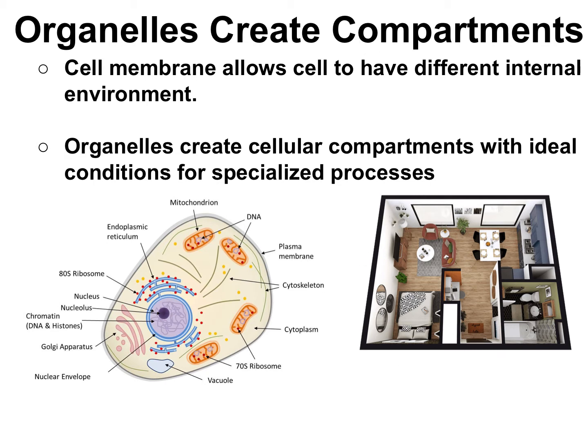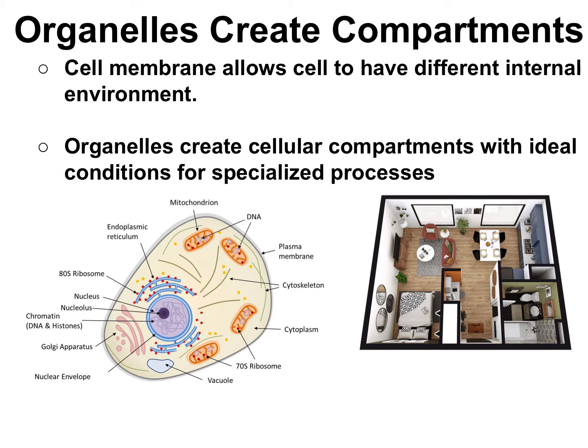Now, the outer cell membrane of a cell allows a cell to have different internal conditions compared to the external conditions. Much like the outer walls of a home separate your home inside from the outside environment. But inside of your home, walls separate your home into different rooms, like you can see here.